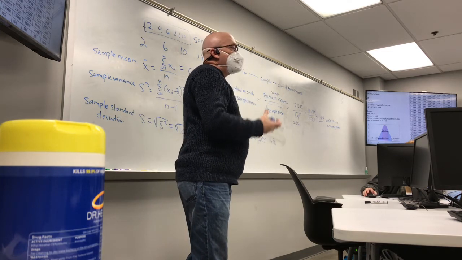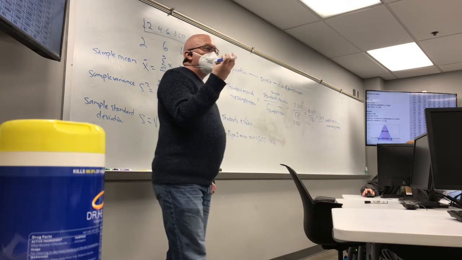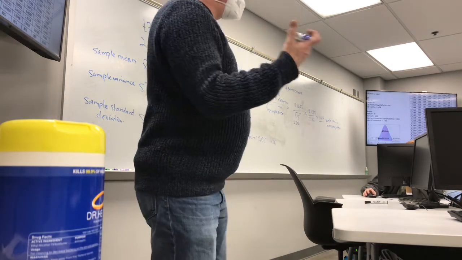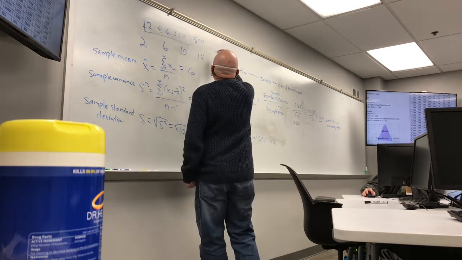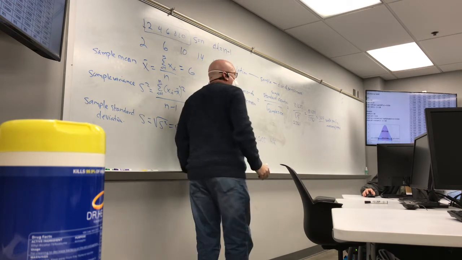Because you're calculating the confidence interval for a mean, you had to estimate that mean in order to do all the other calculations that you need to do this. So your degrees of freedom is always the sample size minus 1.